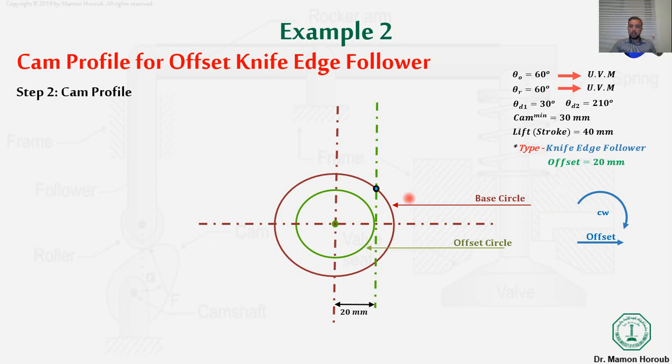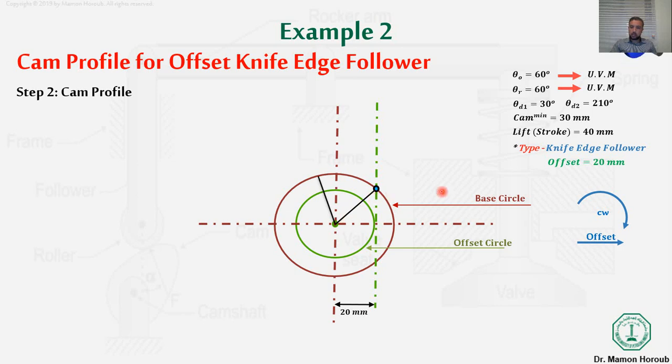First of all, I need to make a dot at the point where the offset line crosses the base circle. Then I need to draw a line between the center of the cam, or the center of the base circle, and this black point. This is my reference that we will use later on.